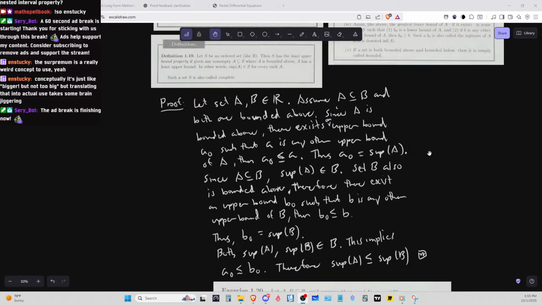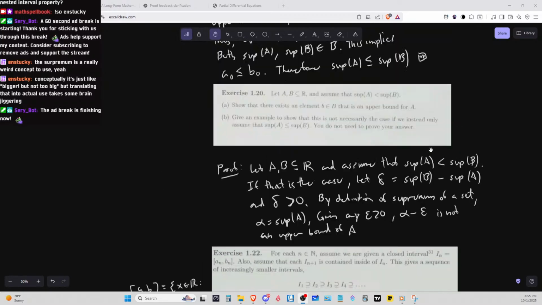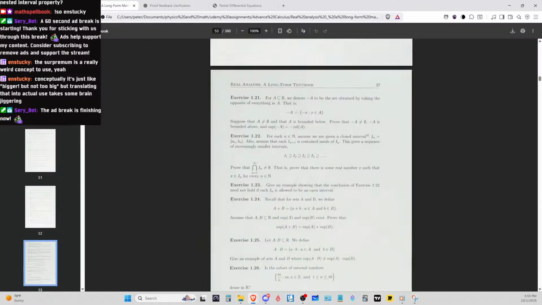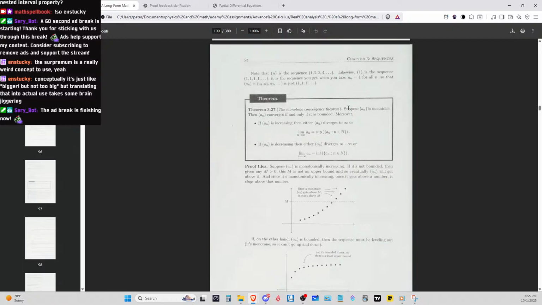So throughout the week, we're going to have a lot of work on our hands. And with the real analysis book, we're probably going to go into chapter 3, because chapter 2 is cardinality, and Sasha says we don't really need that right now. So, let's see, what is page 100? This is sequences. Okay, so this is chapter 3.